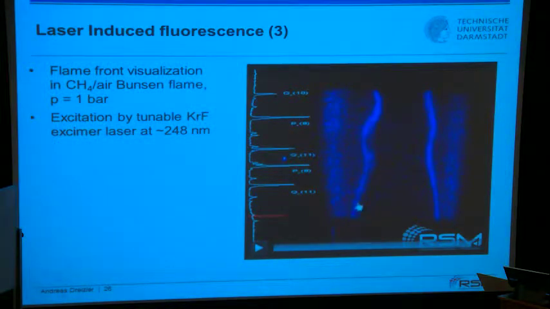And then you see here, after UV excitation with a 248 nm krypton-fluoride laser, some fluorescence independent of the wavelength, given by the red line over here, of C2 radicals. They absorb over a large range. And you see to the left-hand side a bit of fluorescence, color-coded, from hot oxygen.